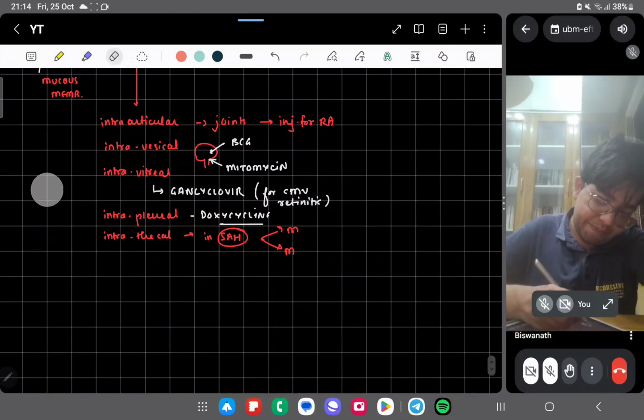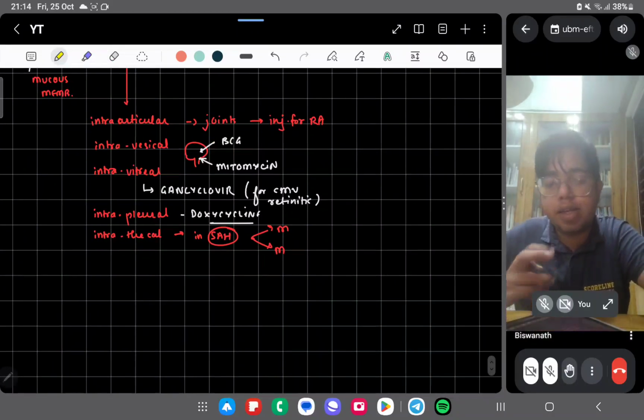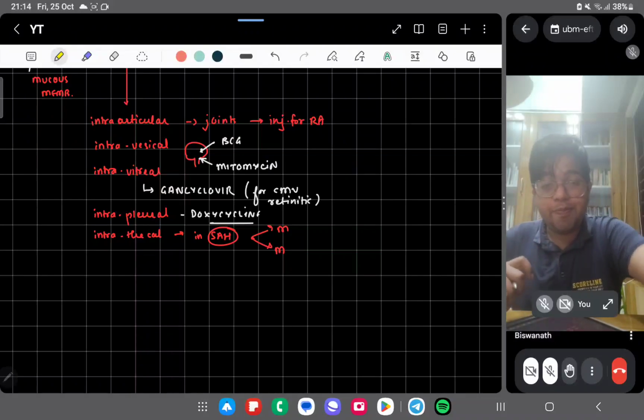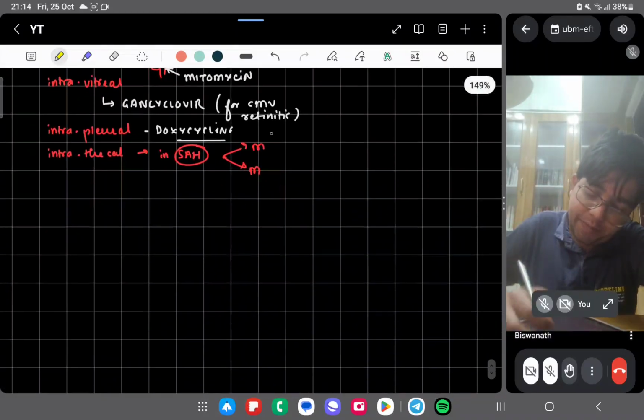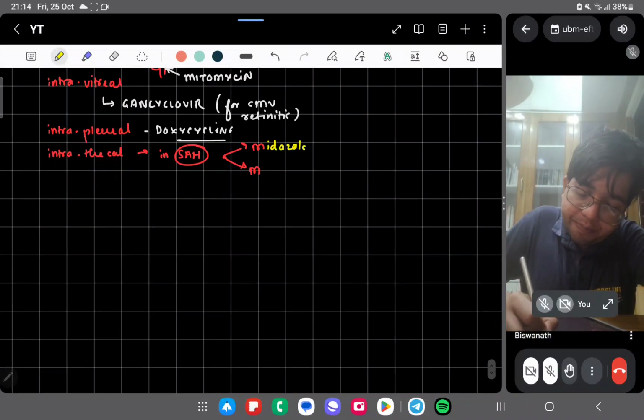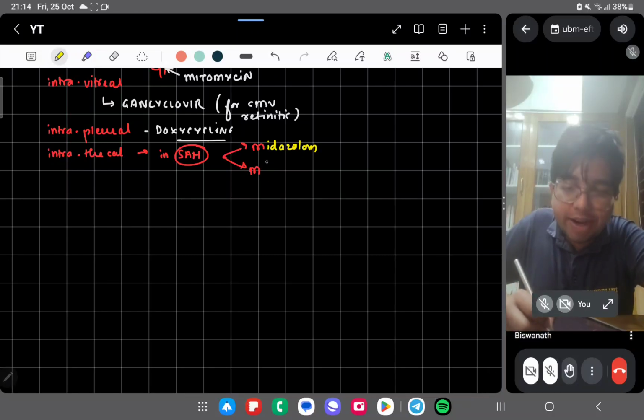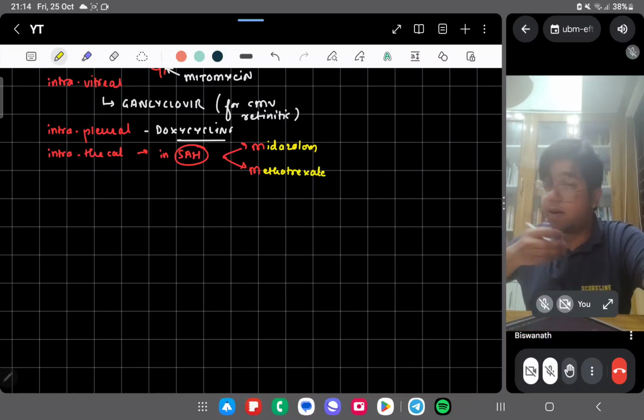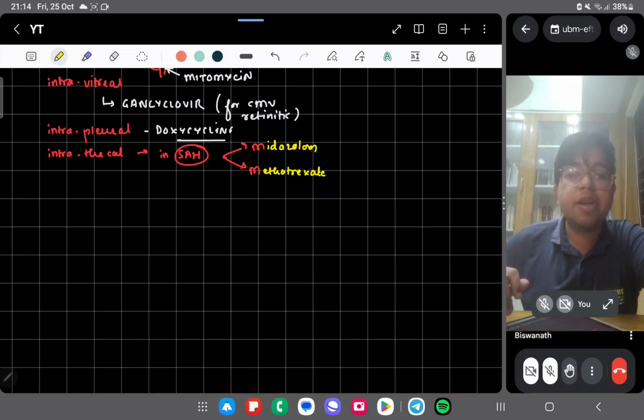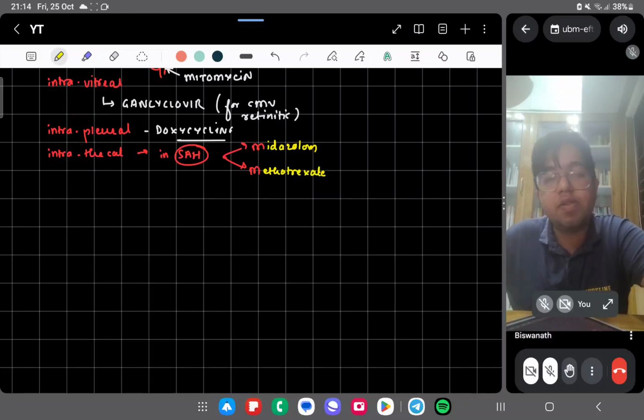Giving you a hint, it is related somewhat to PGP. Yes. Okay. Midazolam and methotrexate. Midazolam is basically an analgesic drug, and methotrexate is an anti-cancer drug used in leukemia also. Many other uses there.